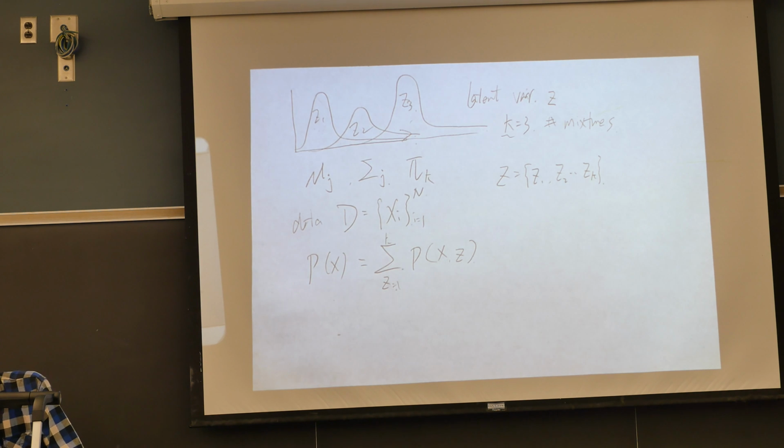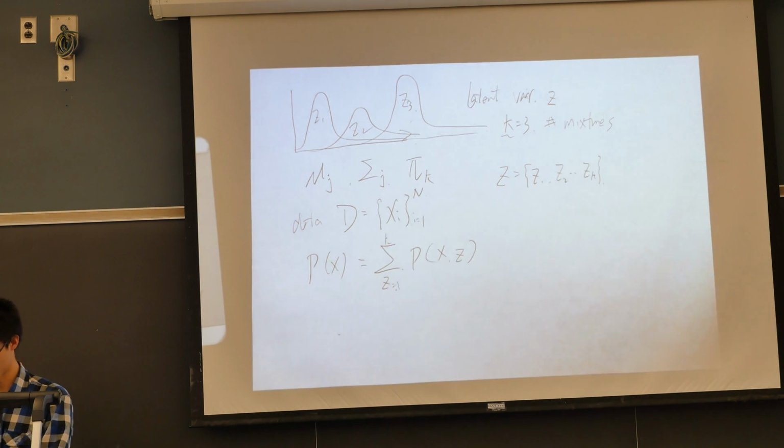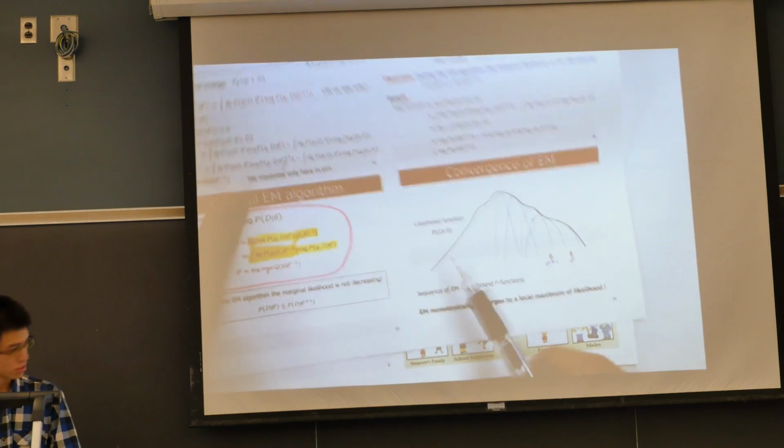I think that's a good way of looking at it. Maybe the notation here is a little bit messy, but C is often referred to as the hidden data, or sometimes hidden variable.